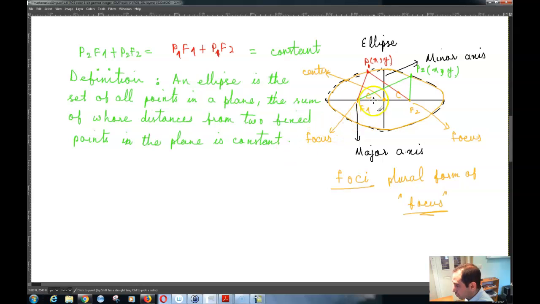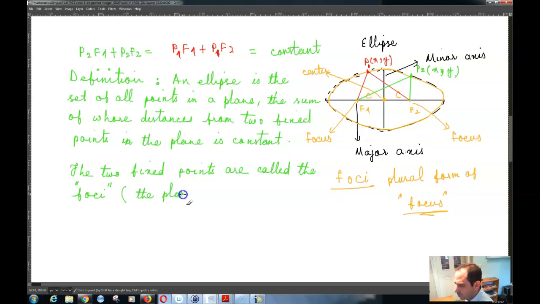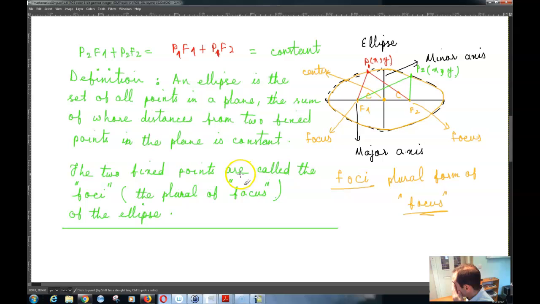And the two fixed points are called the foci, which is, as I mentioned, the plural of focus, the foci of the ellipse. So this is the definition of an ellipse.